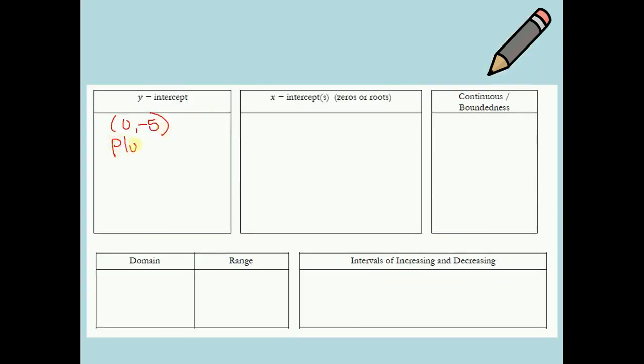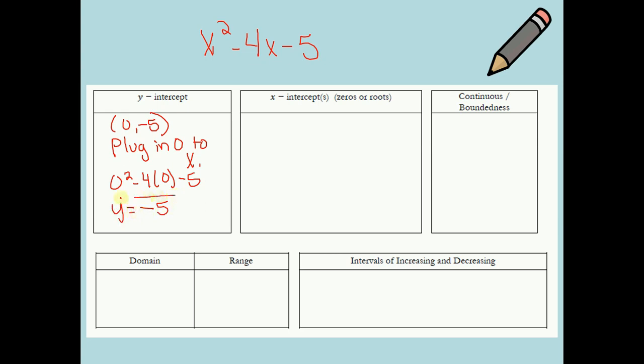So we're going to plug in 0 to x, and that will give you your y-intercept. So the equation, I've got to write it above here, otherwise I'm going to get lost. There we go: x squared minus 4x minus 5, plug in my 0. That's how I get my y value of negative 5.